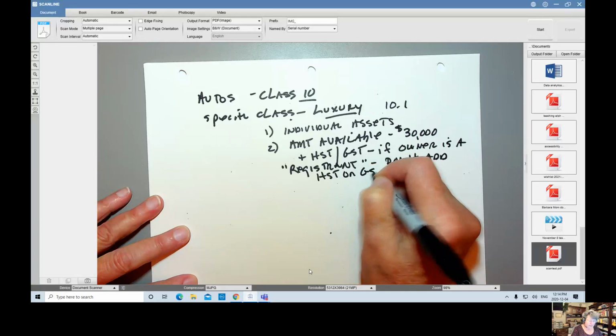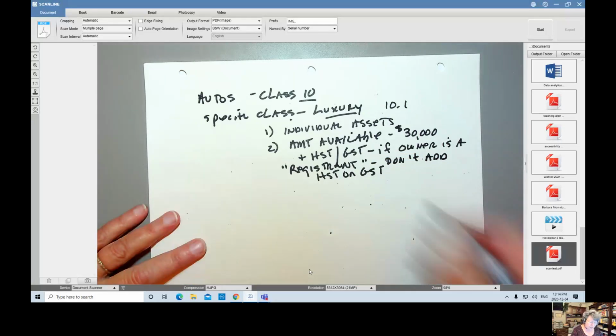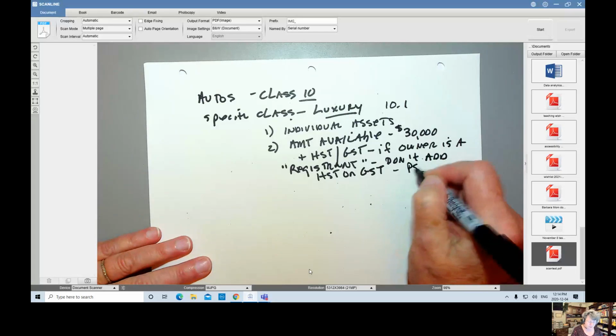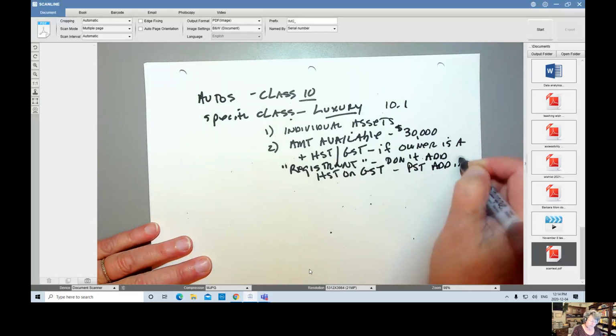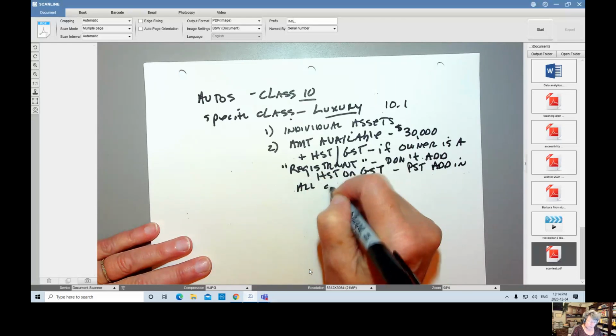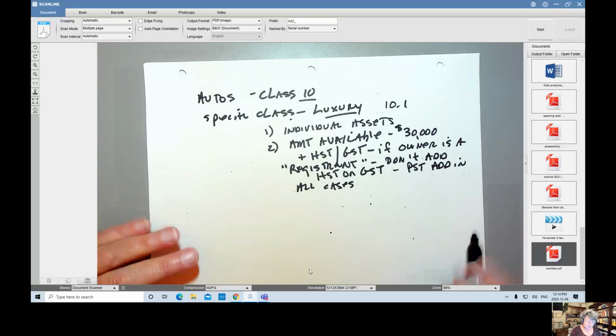And 99% of the time, the owner is going to be a registrant. So for the most part, we aren't going to worry about that. You would note that if it's PST, provincial sales tax, you add in all cases. So you should note that, but we aren't going to worry about it, and I'm not going to worry about it on exams or anything like that.